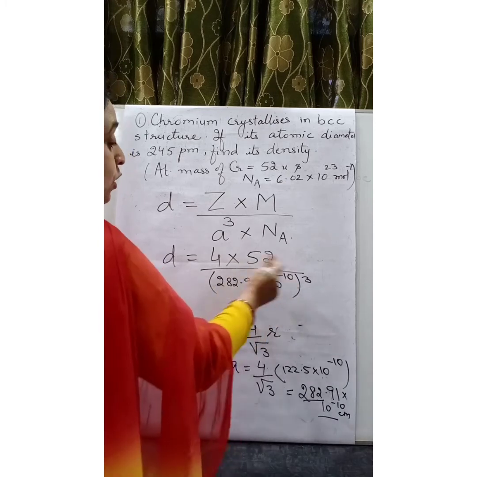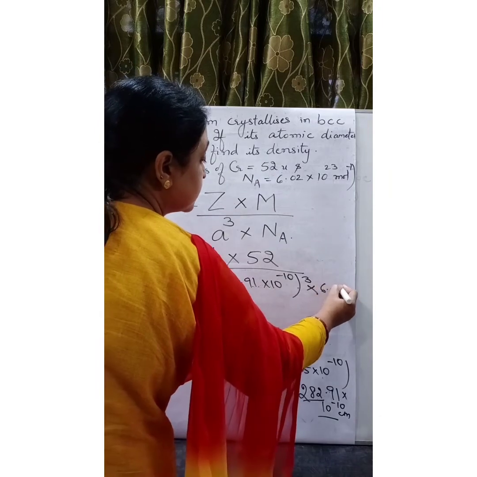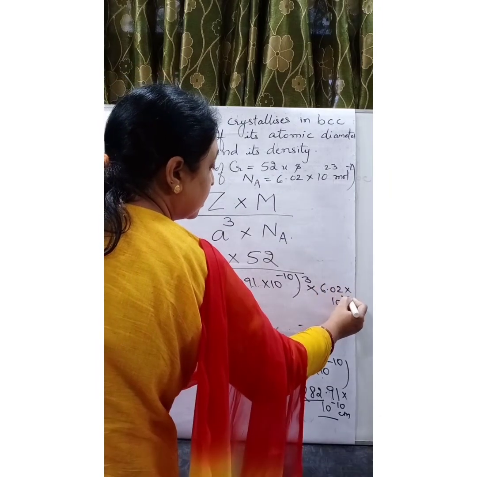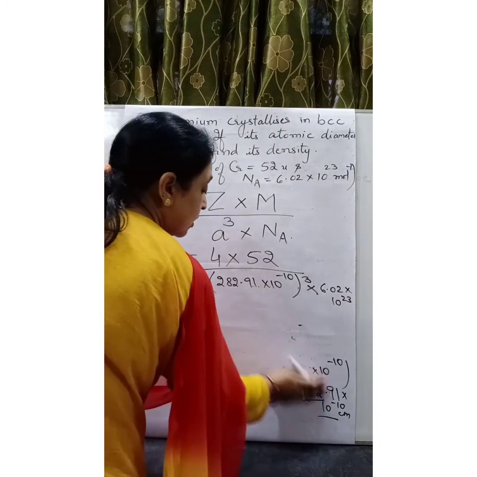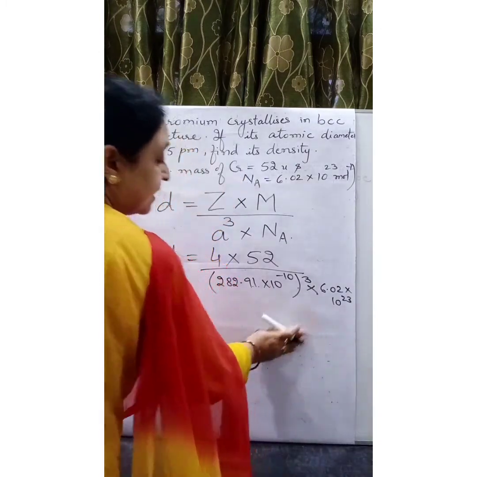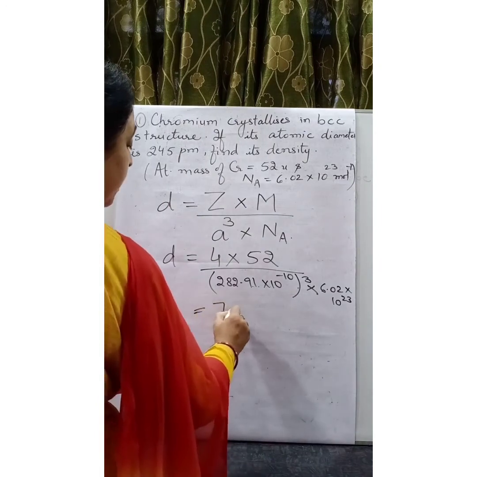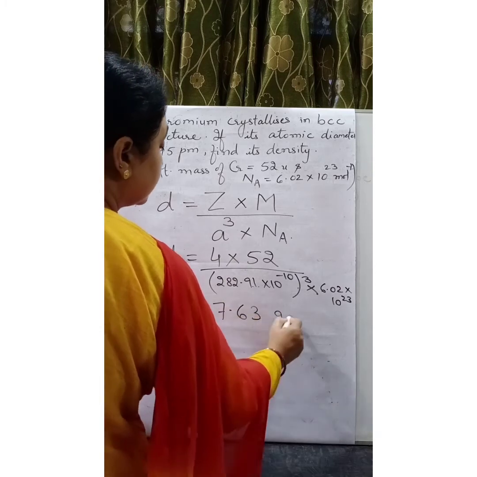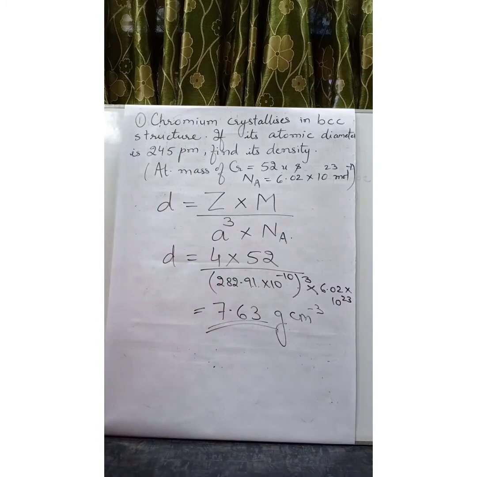So it is whole cube. Multiplied by Avogadro number, 6.02 into 10 to the power 23. You can solve this and you will be getting your answer as 7.63 gram per centimeter cube.